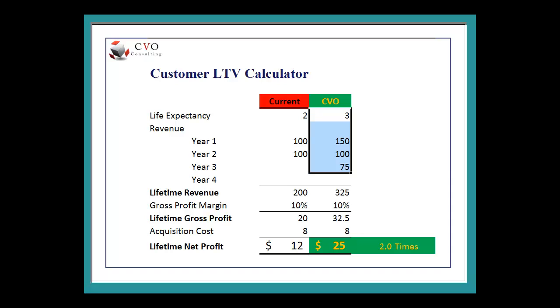So let's take a look at what happens if we assume that we actually double the cost of acquiring that customer. Now, that puts you in a position where your opposition are probably going to be looking at you sideways and wondering what in the world these guys are doing and how they can possibly afford to spend double the amount of money on things like advertising or special deals or discounts.